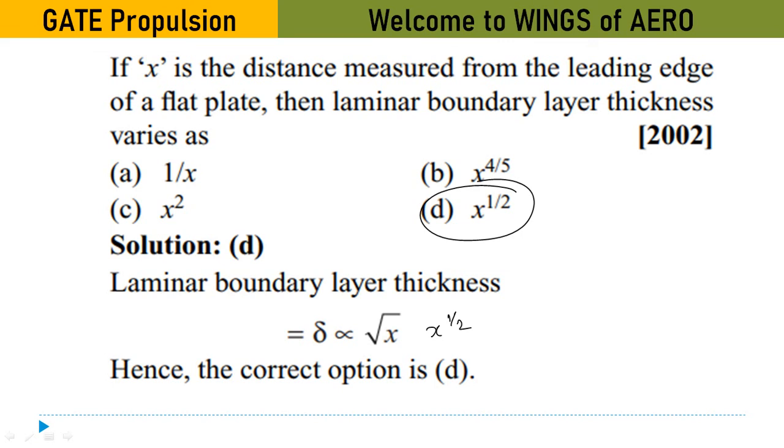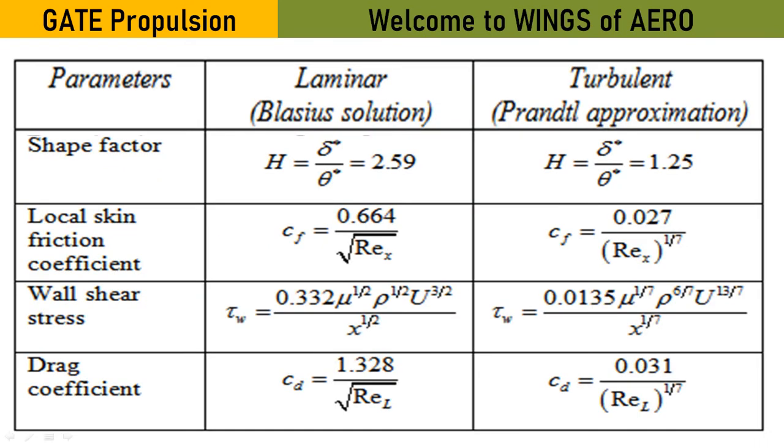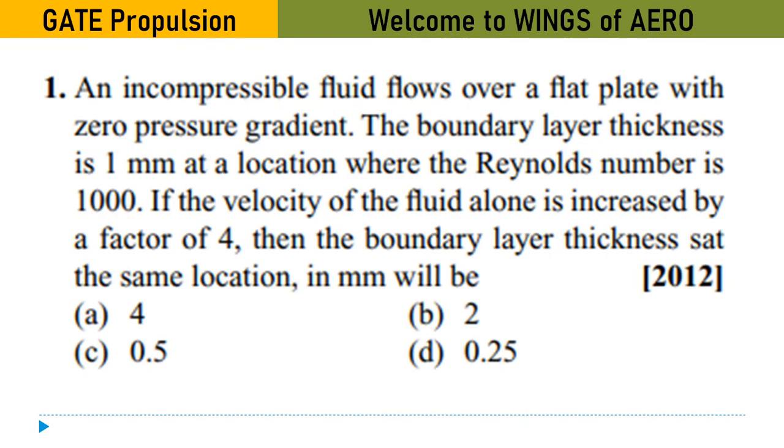If the velocity of the fluid alone is increased by a factor of 4, then the boundary layer thickness at the same location in mm will be.